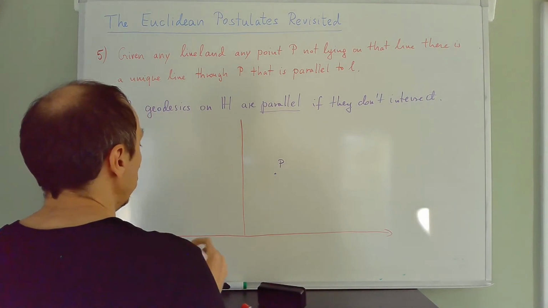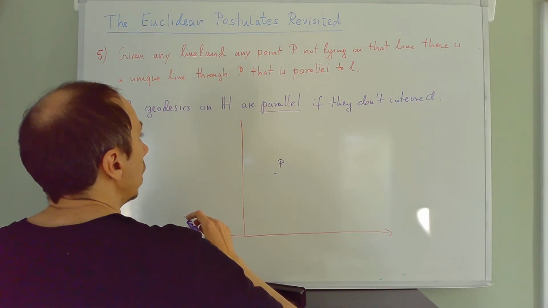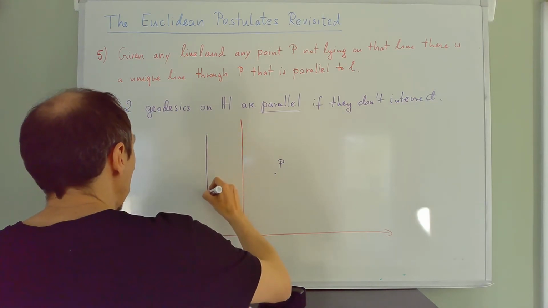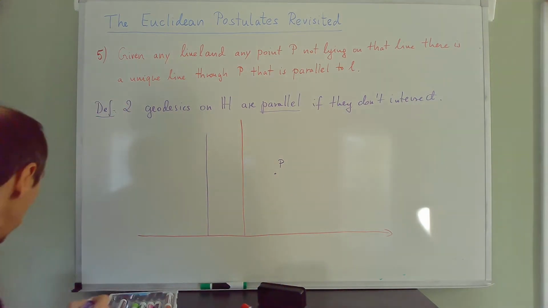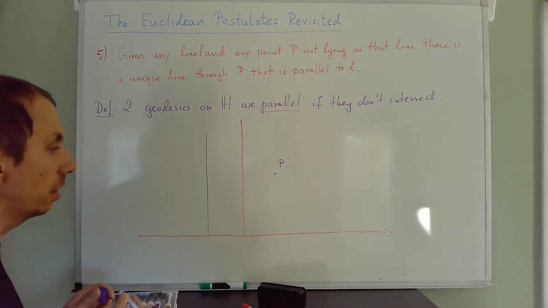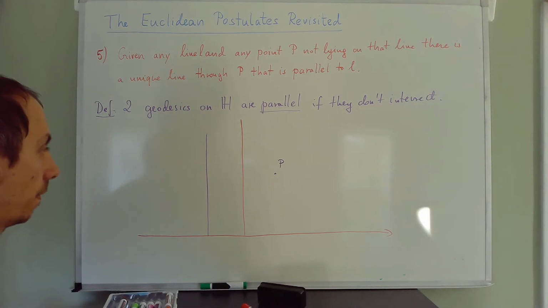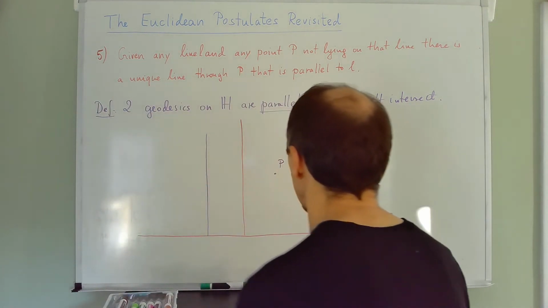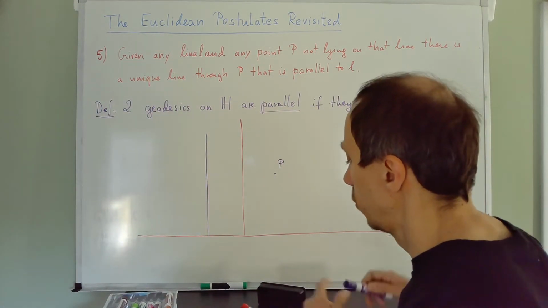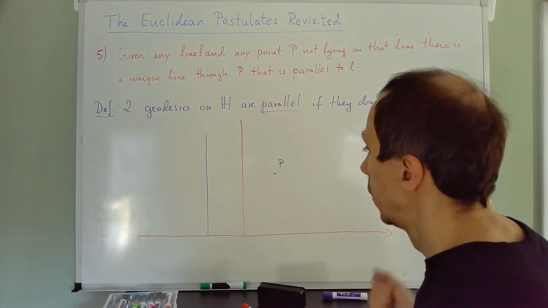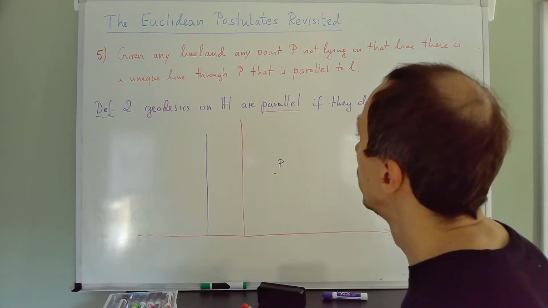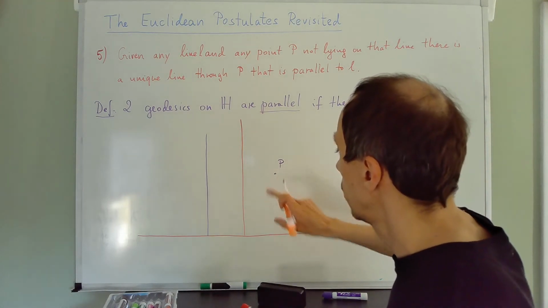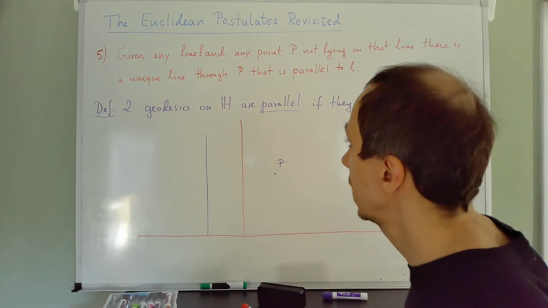Let's just take a vertical geodesic here. I would like to find a geodesic that goes through P and doesn't intersect that line over there.